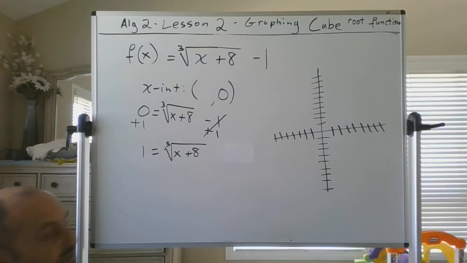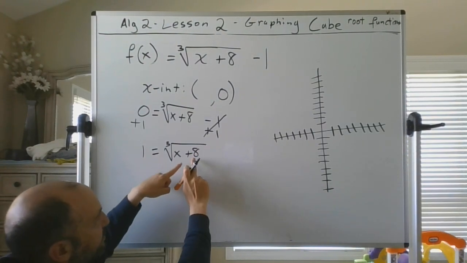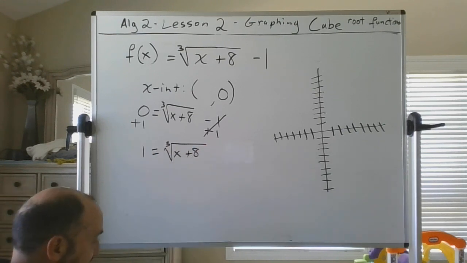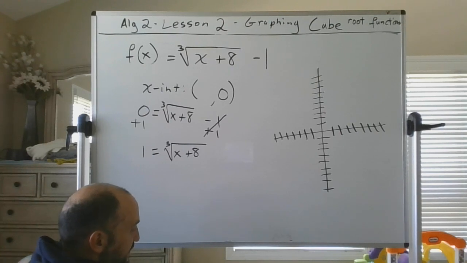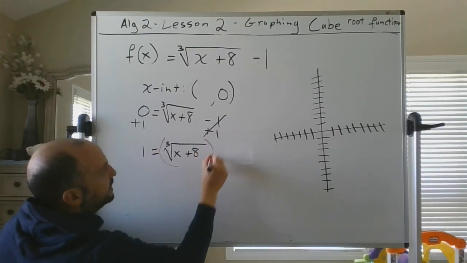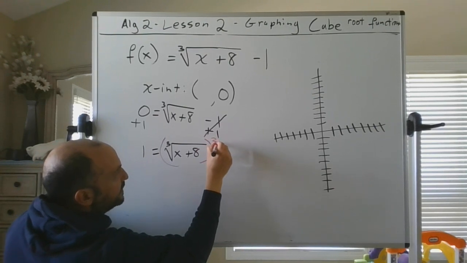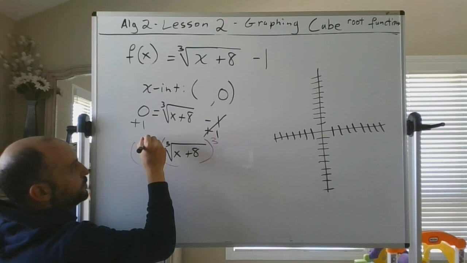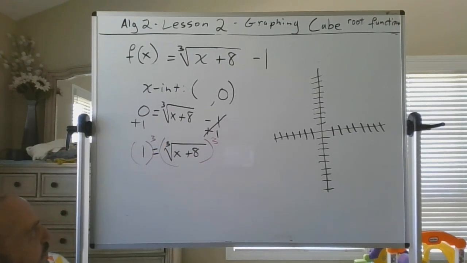Now the key, this is the important part. I can't do anything with this plus 8 here until this cube root is gone. Let's think about the inverse of cube root. What is the inverse of cube root? It's the opposite: the opposite of cube rooting something is cubing it. So what I do to one side, I'm going to do to the other.